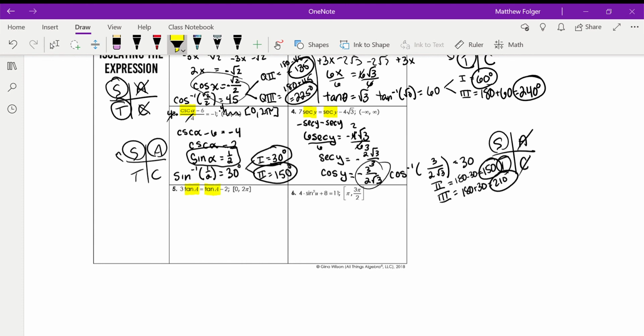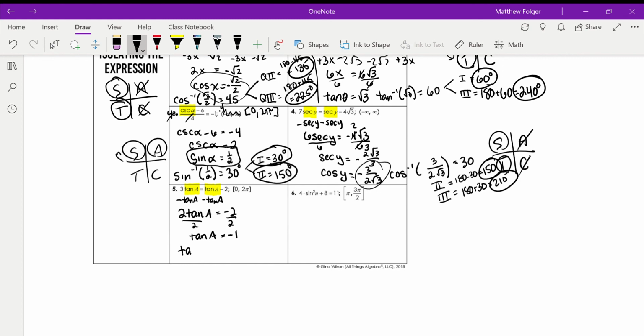Oops, that should be tan A. So we have to subtract tan A from both sides. So we have 2 tan A equals -2. Divide by 2. Tan A equals -1.